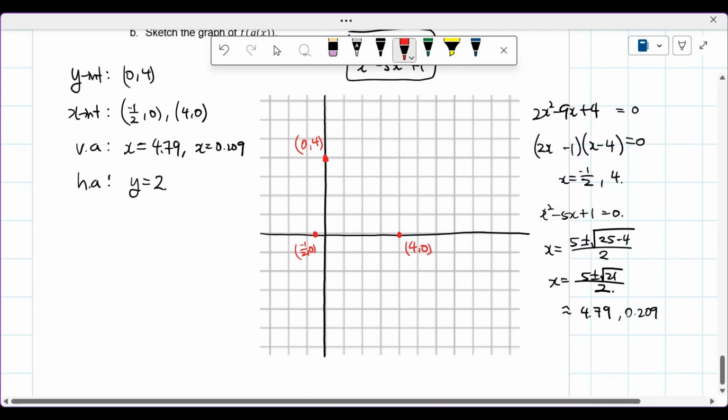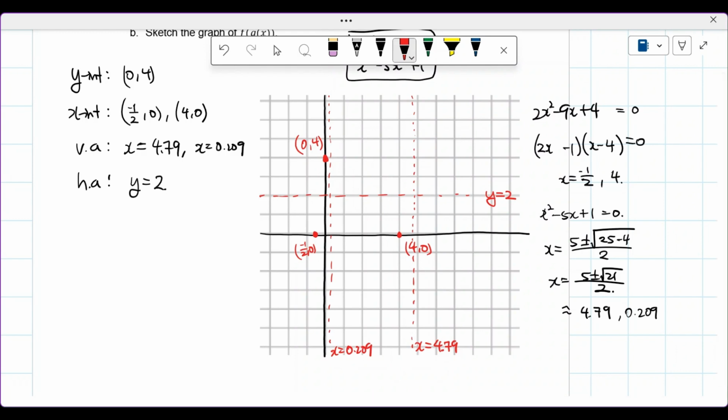Vertical asymptotes, x equals 0.209, so that's very close to the y-axis, labeled, x equals 4.79, labeled, and y equals 2 as my horizontal asymptote, labeled. So I think I can try to sketch the graph of this roughly.